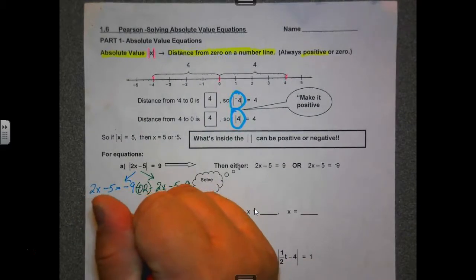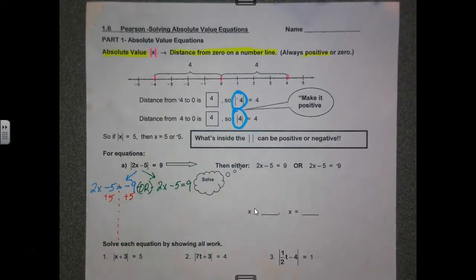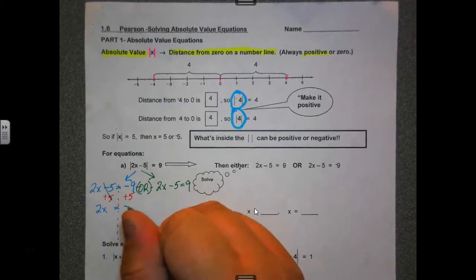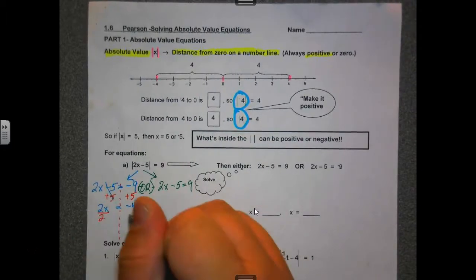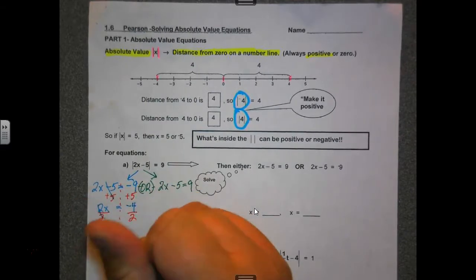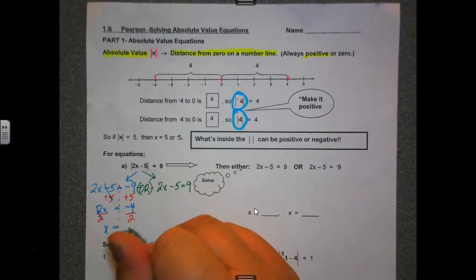I'm going to add 5 to both sides. If you have to, draw your dotted line there so you don't mess it up. So I get 2x equals -4. Divide both sides by 2. And I get x equals -2.